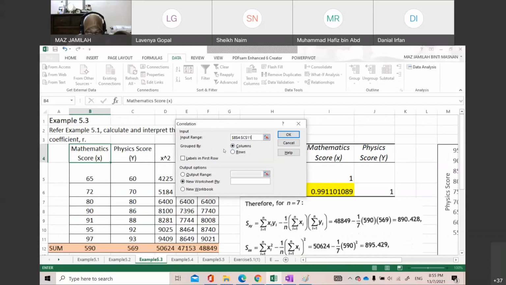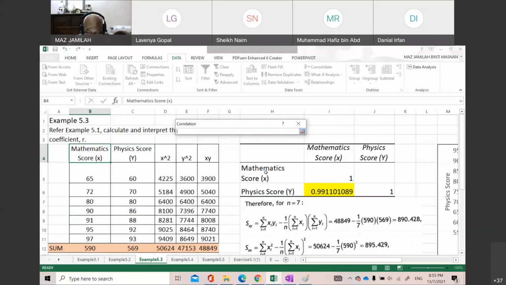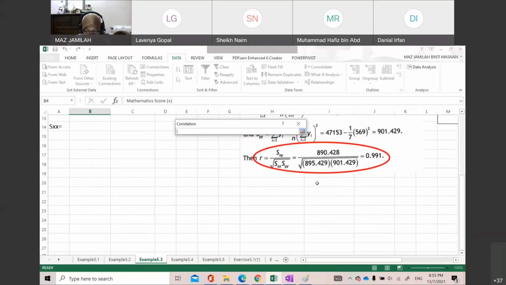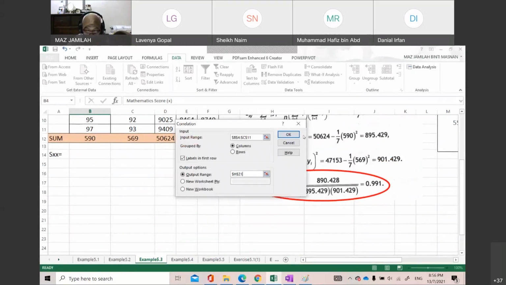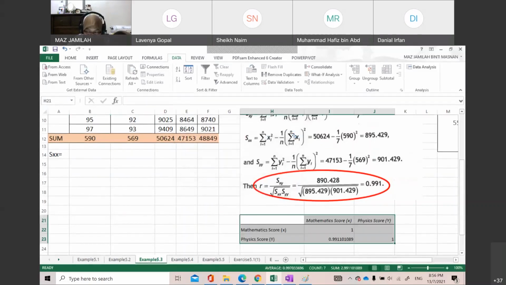So group by column. Then I have my label in the first row because I have my mathematics score and physics score. And then I want my output to be in the same sheet. Okay, go to the arrow again, and then let's say we click somewhere here. Then go back to your data window and then click OK.